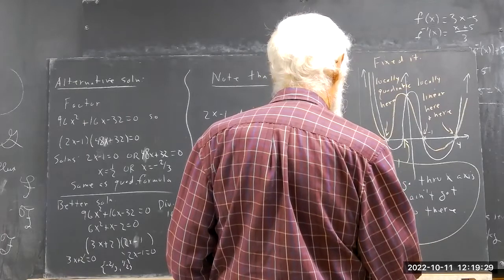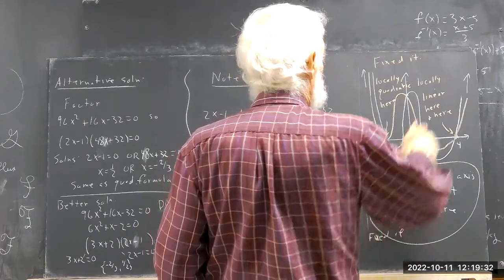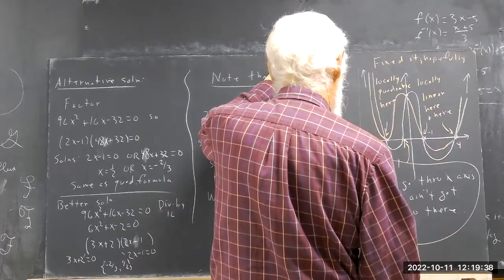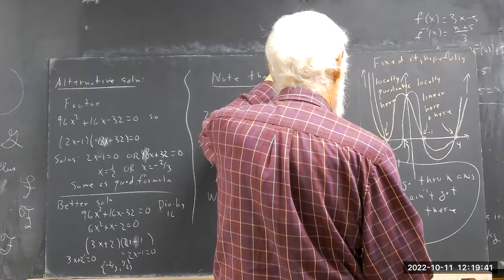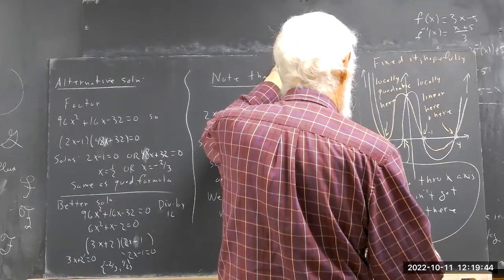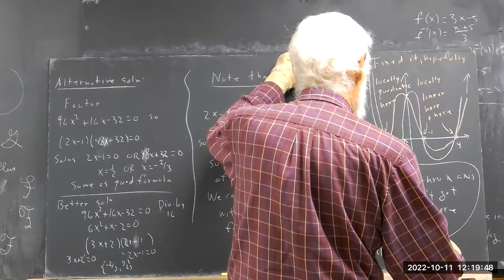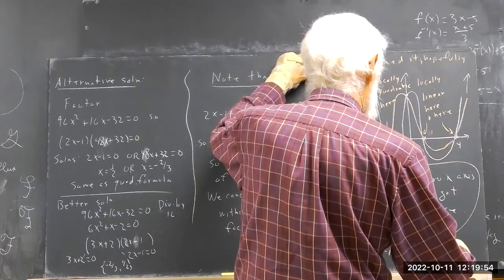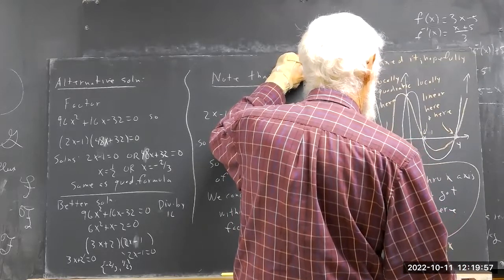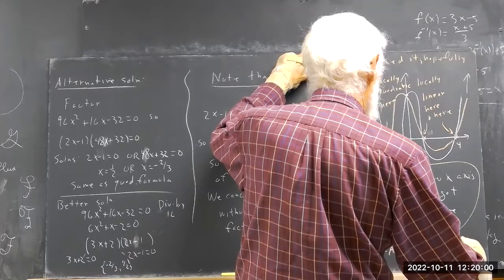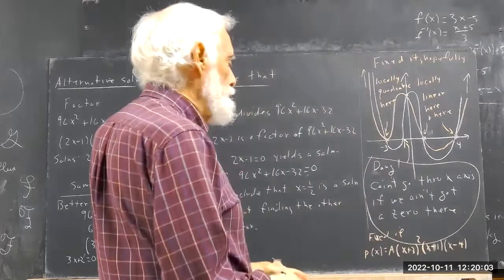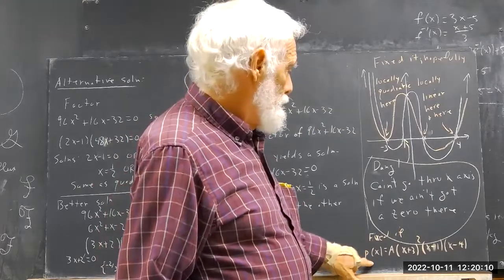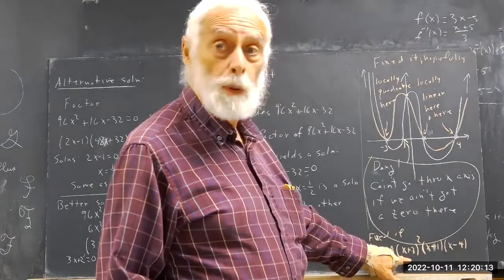Wrote that word fixed really poorly, but it says it's fixed if that's not -1, obviously it's 1. It's fixed if the function p of x for polynomial is some multiple of x plus 3 squared.